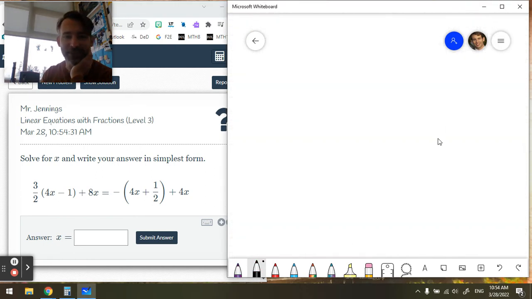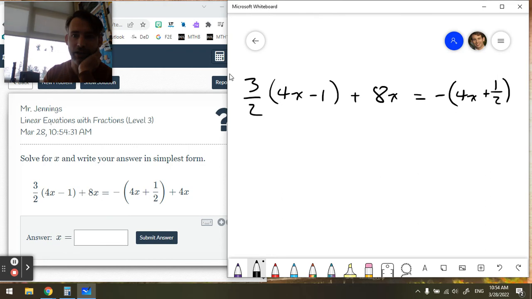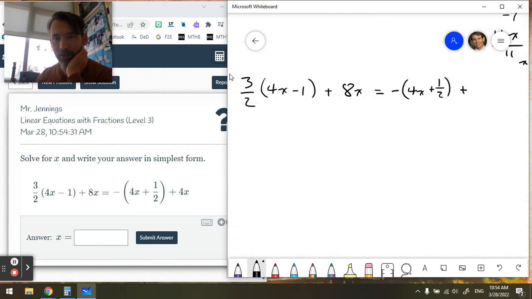Let's try this one. Okay, so 3 over 2 multiplied by 4x minus 1 plus 8x is equal to negative 4x plus 4x. I need more paper. My goodness. I can shrink it. There. Collect all your like terms and do all your distributions.